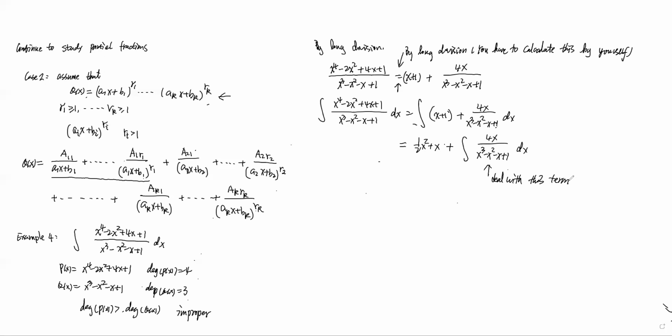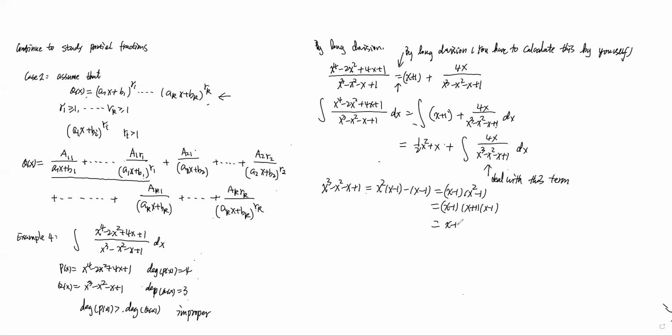So how? Let's look at the denominator. For the denominator, we have x^3 - x^2 - x + 1, which is x^2(x - 1) - (x - 1). So this is (x - 1)(x^2 - 1), which is (x - 1)(x + 1)(x - 1).